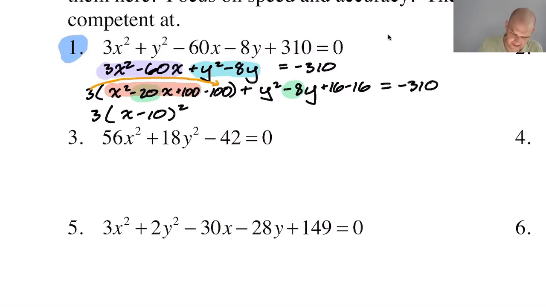So that's going to be minus 300. And then plus these 3 things should also be a perfect square trinomial. So that's going to factor into the quantity y minus 4 squared, and then minus 16 equals negative 310.